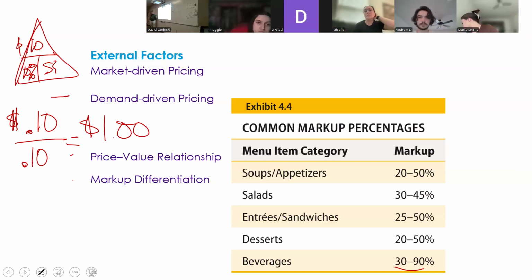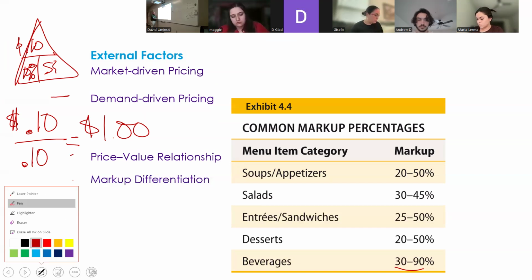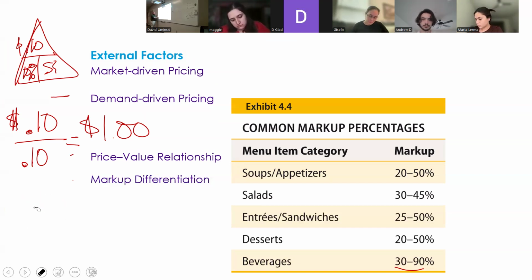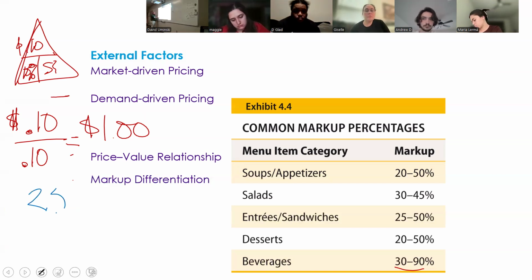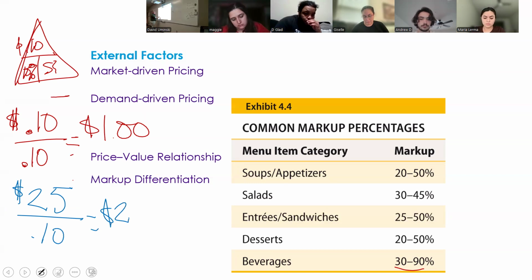But now let's take our $45 steak. Let's call it a $25 steak. My $25 steak, that it costs the restaurant to buy a steak for $25, divided by 10%, is $250.